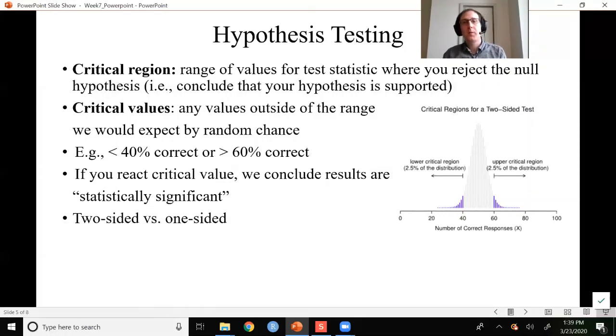And so when we're doing this hypothesis testing, we have these critical regions. This is a case where there's an alpha of 0.05, and we're doing a two-sided test. That's the most common, where you basically split it up and say 2.5% of the distribution over here, 2.5 over here. You can also do what's referred to as a one-sided test.